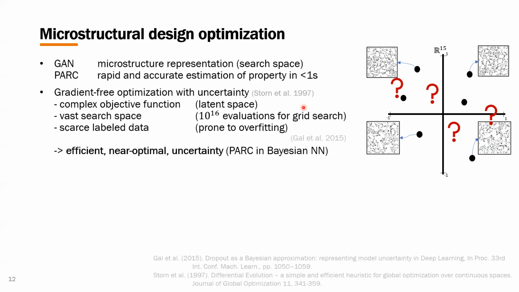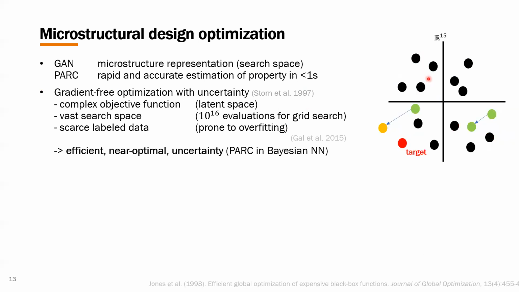Also, we need an optimization method with uncertainty because we have a very limited number of labeled data, where deep learning methods are prone to overfit to the training data, and the performance varies if a microstructure is much different from the samples of the training data set. To have an uncertainty quantification in estimation, we expanded PARC into a Bayesian formulation by applying Monte Carlo dropout by Gal. Please find more details of those methods in the reference.